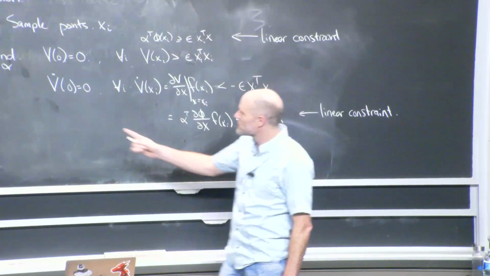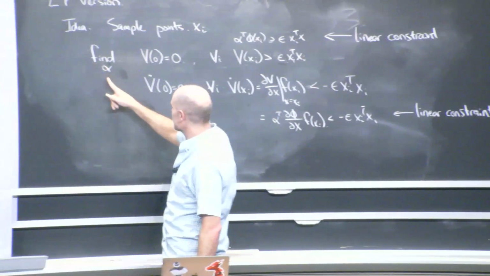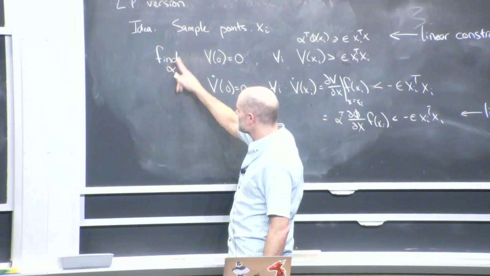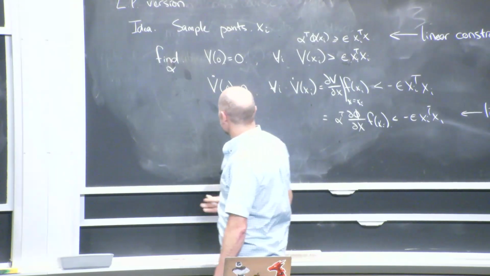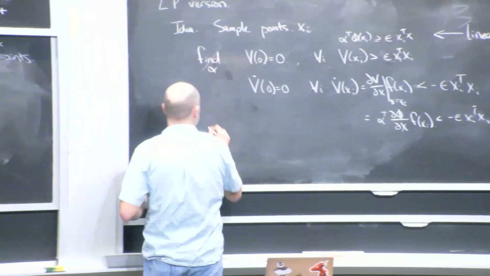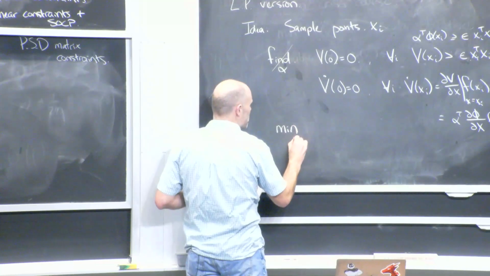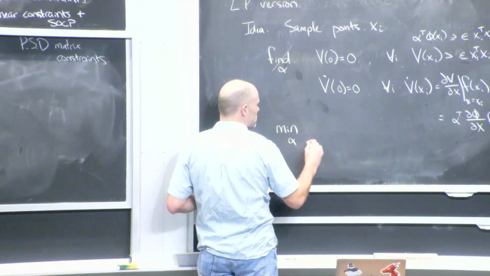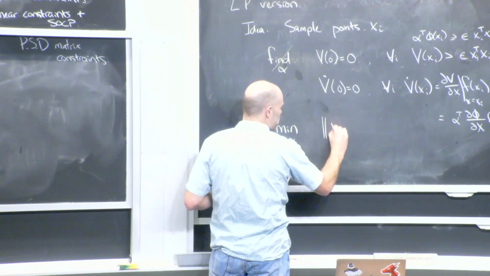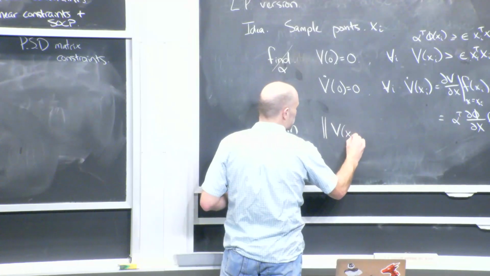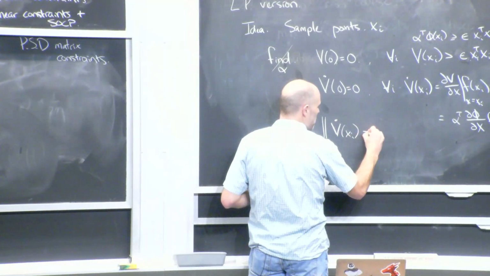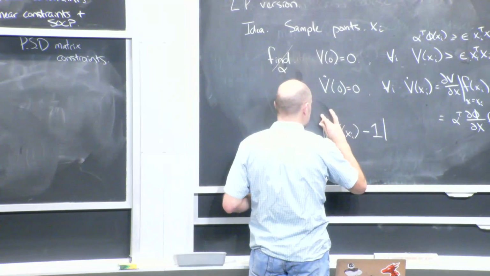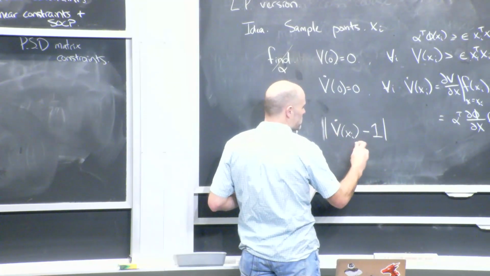So I would tend to, instead of having a feasibility problem with no objective, that's when I write find alpha, that just says there was no objective, I would typically say something like minimize over alpha, something like V of xi, V dot of xi minus 1. Let's say I want V of xi to be approximately 1.